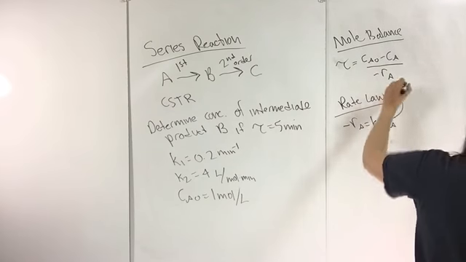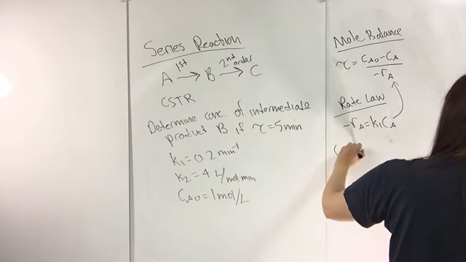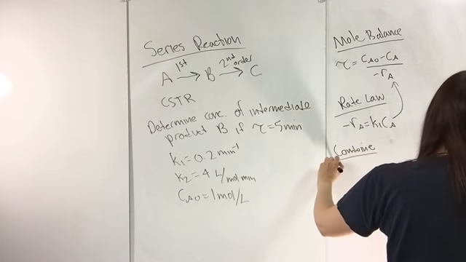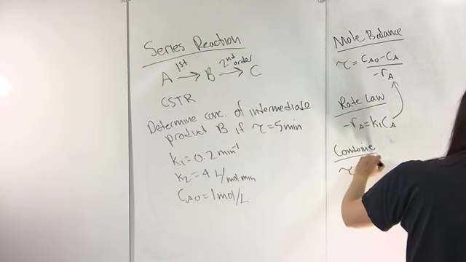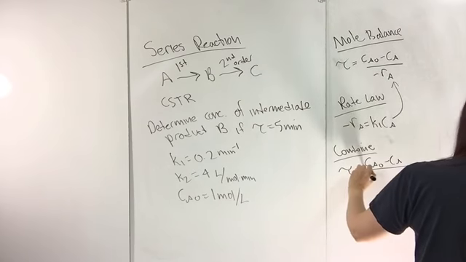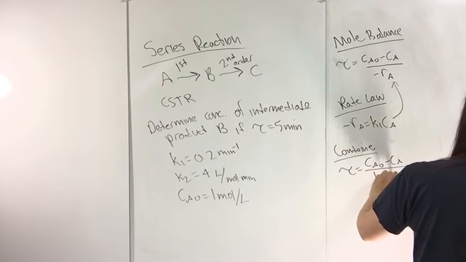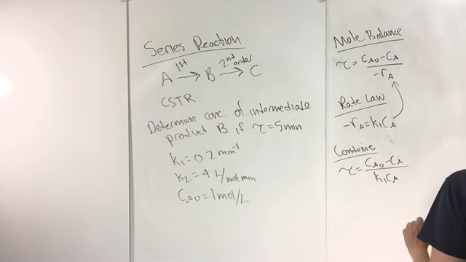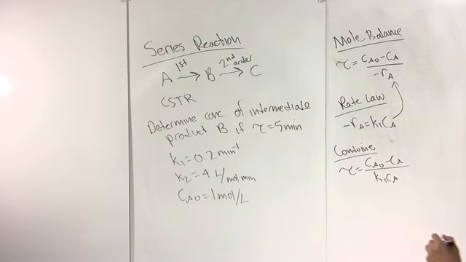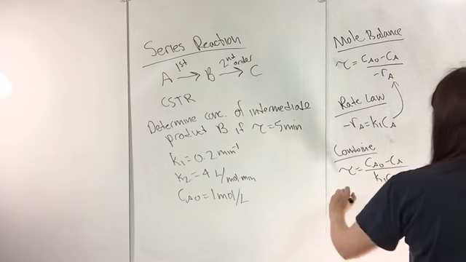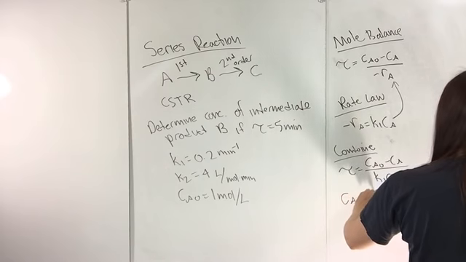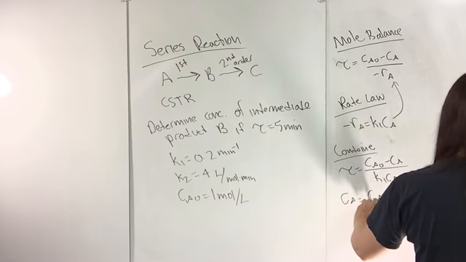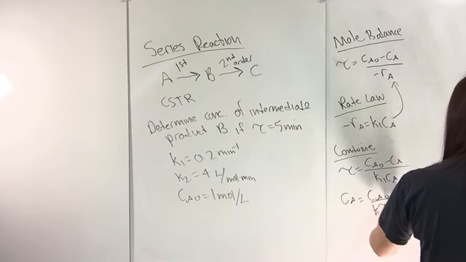So then you just combine this, and you have tau is equal to Ca naught minus Ca over K1 Ca. And so then you can calculate Ca. So I'm going to solve this for Ca. So Ca is equal to Ca naught over K tau plus 1.